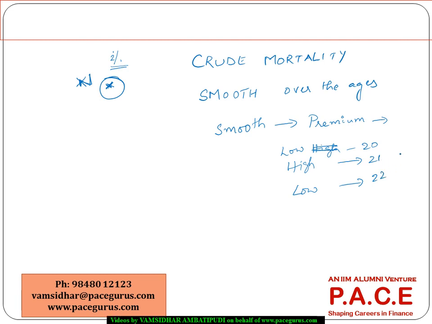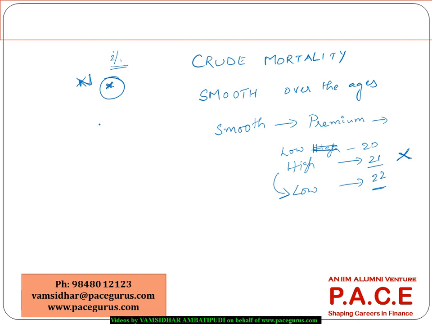If that's the case, a 21-year-old person will never come forward and apply for an insurance policy, because it's not working out. He'll think, let me wait one more year, my premiums will come down. So it cannot create a satisfactory explanation, especially if the rates are not smooth.